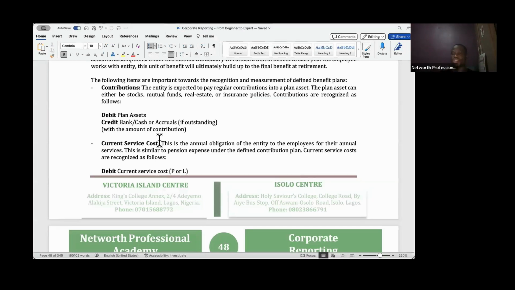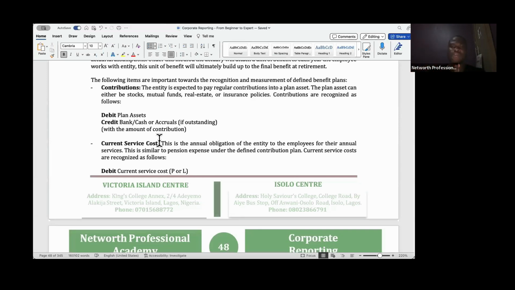Because as the employee is working every year, he is creating that current service cost. It's now due to a benefit, a post-employment benefit. Because this post-employment benefit is not automatic. The employee must work. So as he's working, there is a benefit attributable to him, which is not payable now, remember. It's payable when he retires. So they call that current service cost. For working this year, this is what you are due.